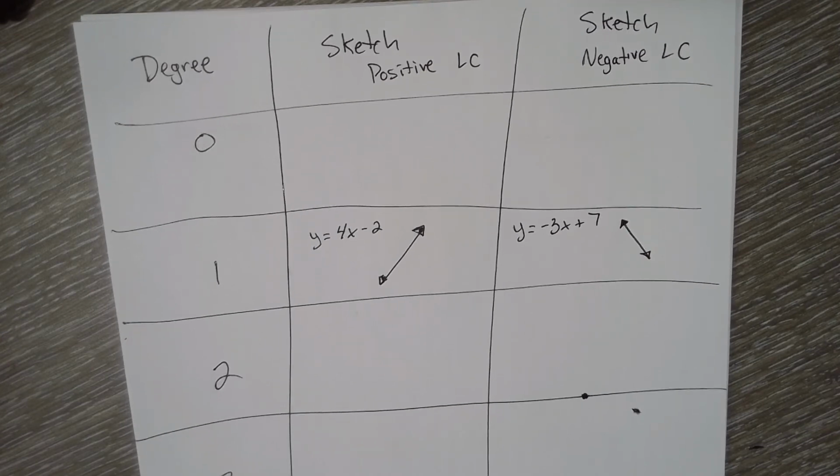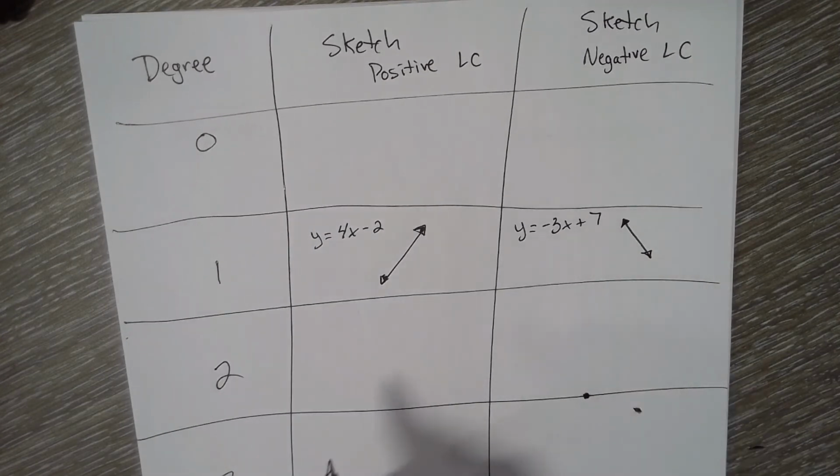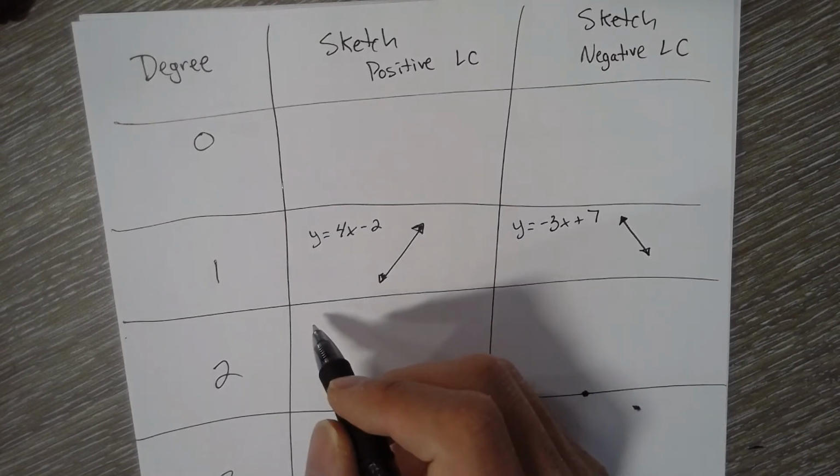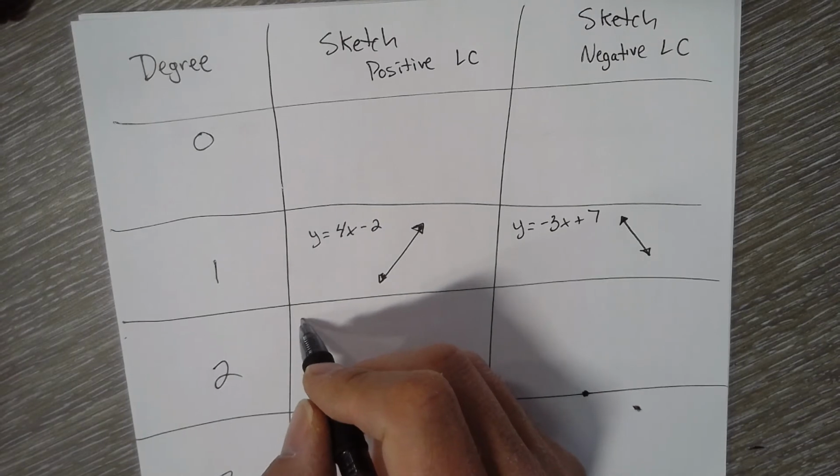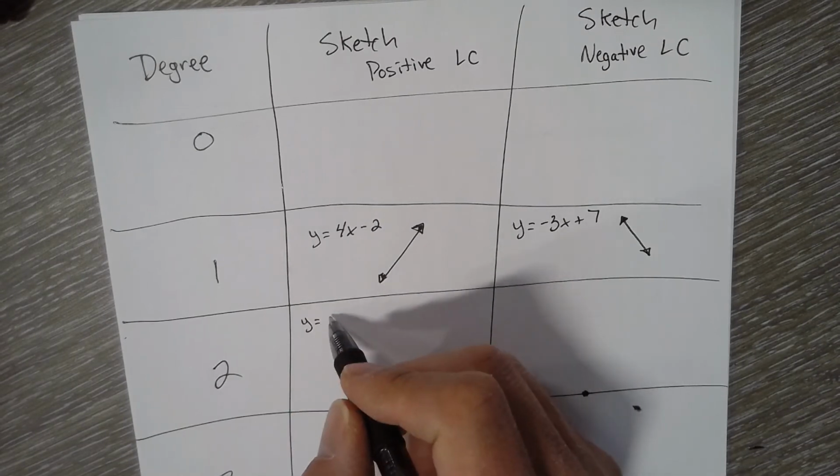All right, moving on to second degree. So that's a parabola or a quadratic equation with a leading coefficient that's positive. We have dealt with that before also.